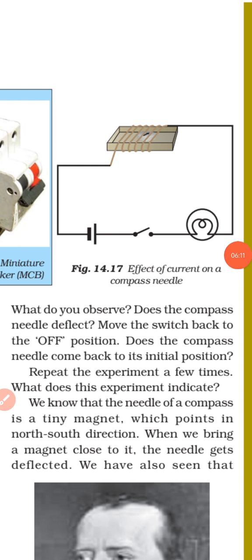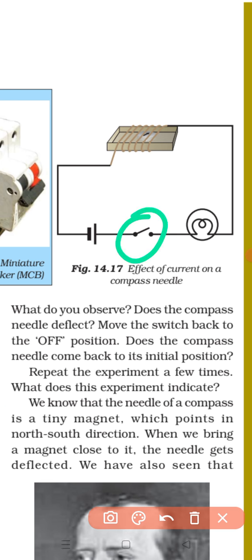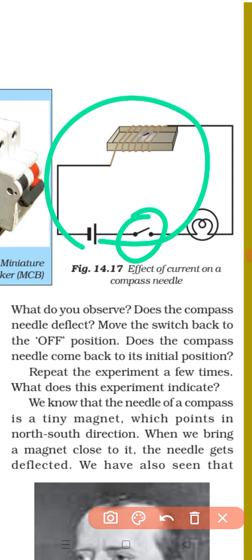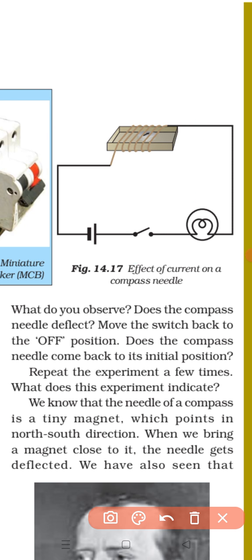Initially, when the switch is open, that is when the switch is off, no current is flowing in the wire. The compass needle will point in the north-south direction only.